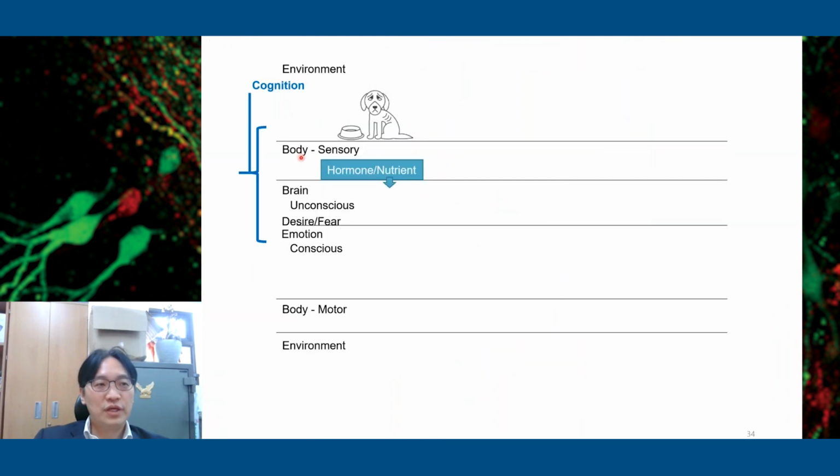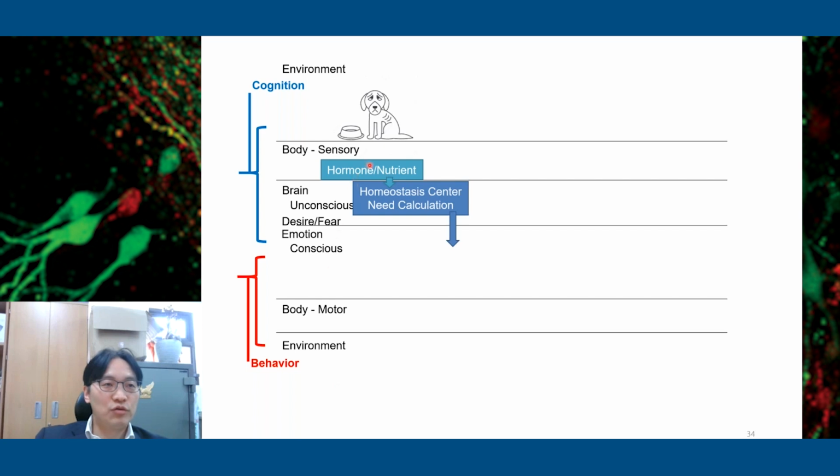So for me, I have this thought in my mind that there is the environment, sensory, brain, unconscious and conscious level ideas, and then your brain starts a motor behavior, and then it changes the environment. I'm doing eating or homeostasis research.